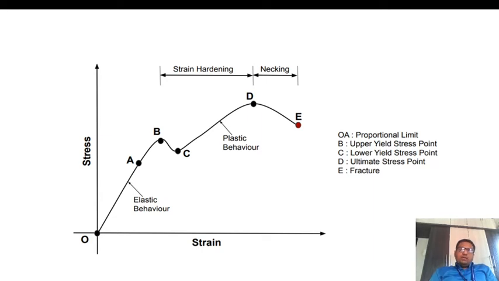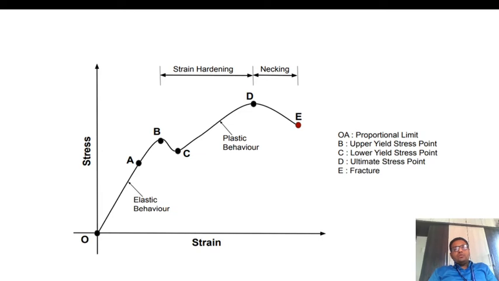Up to point A, up to elastic limit, if we are removing the load which has acted by us onto that rod, then on the removal of that load, that body will regain its original dimension. It will come back to its original shape, but only up to which point? Up to point A, that is up to elastic limit.